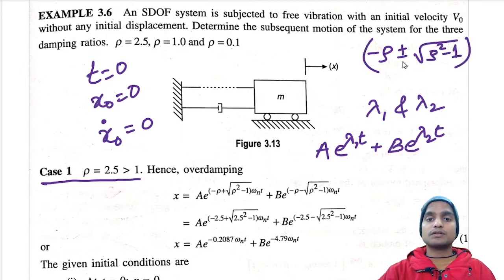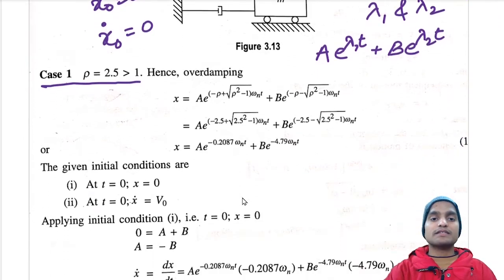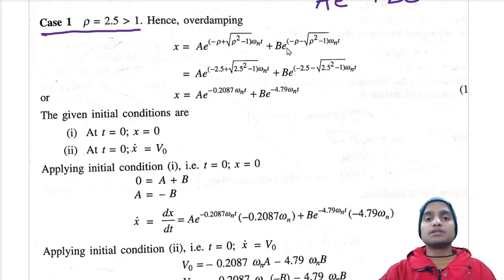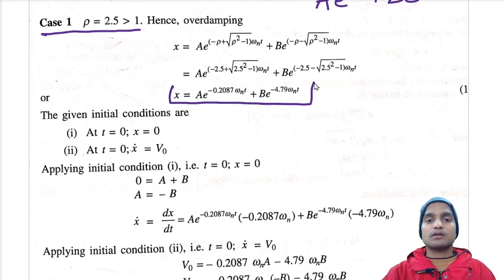All right, so let's put this value here into omega n also, and this will be written as x is equal to A into e to the power minus rho plus root rho square minus 1, omega n t, plus B e to the power minus rho minus root rho square minus 1, omega n t. Okay, and rho value is equal to 2.5 here, and after putting this value we get this equation.